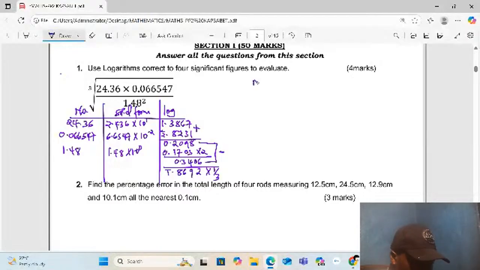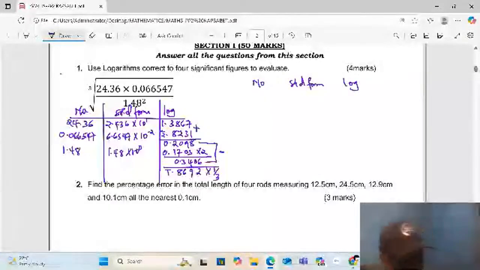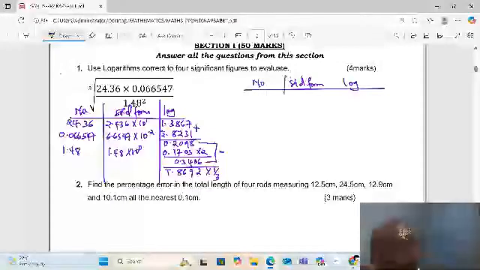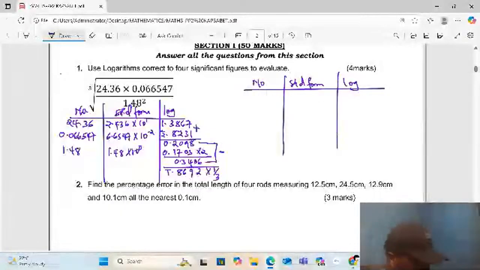So we extend our workings here, standard form, then you have the log. Now we divide by a third.